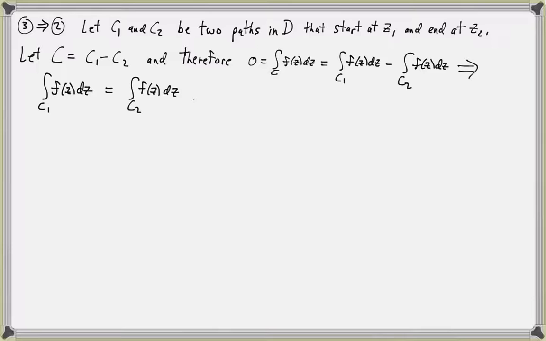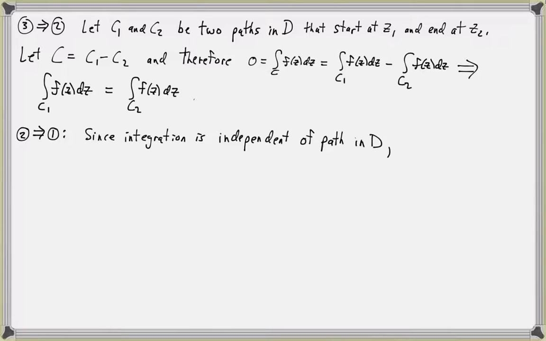Finally, we need to show that statement 2 implies statement 1. So we're going to assume that integration is independent of path. So since integration is independent of path in D, I'm going to define a function as an integral.